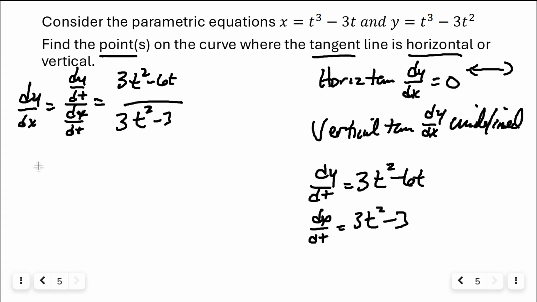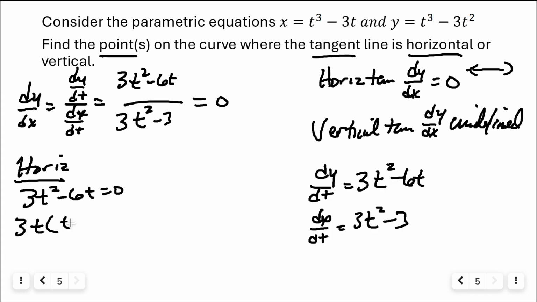All right, so now let's start with the horizontal line. That means the derivative would have to equal 0. For this to equal 0, the numerator has to equal 0. So 3t squared minus 6t will have to equal 0.